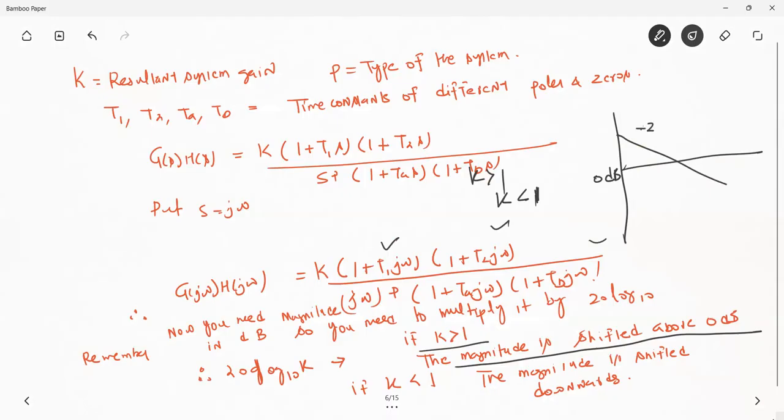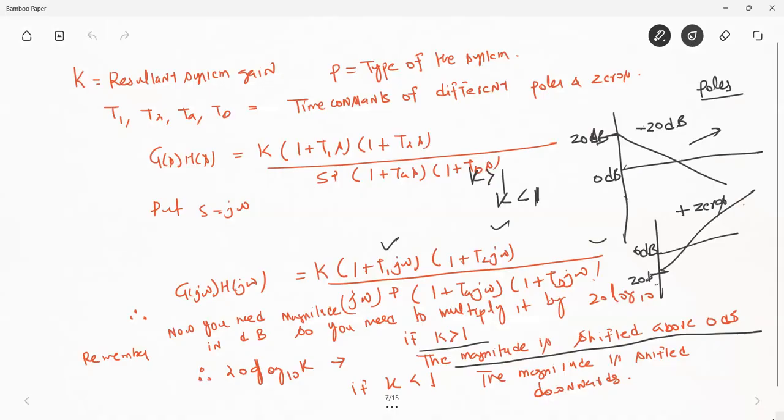So this is minus 20 dB slope, and the positive slope is represented like this. Suppose this is 0 dB, and here there is a 20 dB line. Suppose this is your minus 20 dB over here. So this contribution of minus 20 dB is due to poles, and this contribution of plus 20 dB is due to zeros. This thing you have to keep in mind.